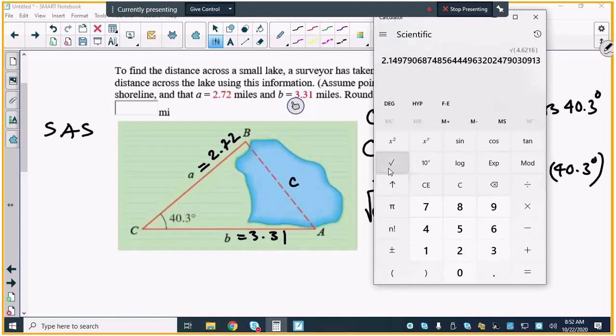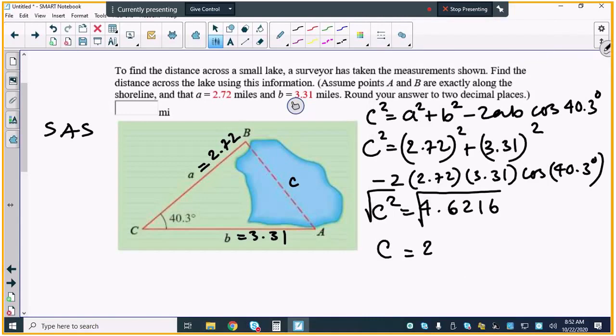So your answer is going to be 2.15. Now think about the unit given in this problem, that will be in miles, and that has answered my question. So now we can say that the distance across the small lake is 2.15 miles.